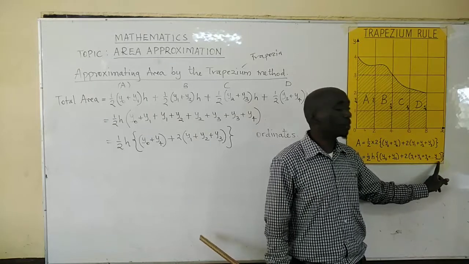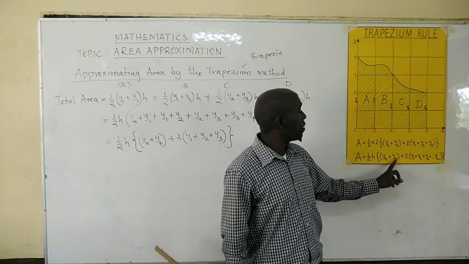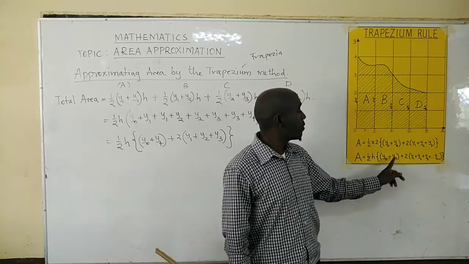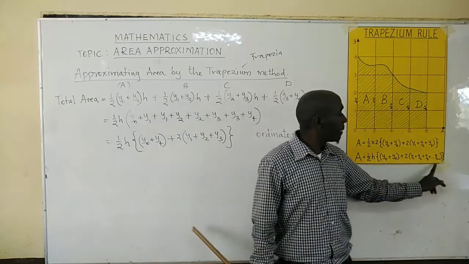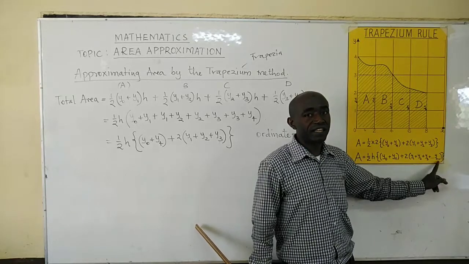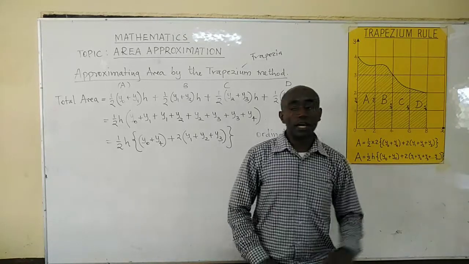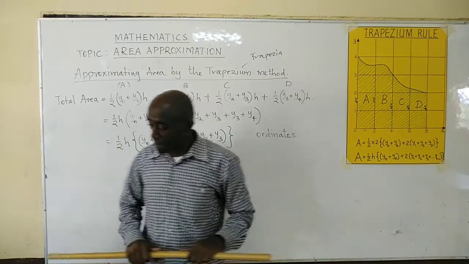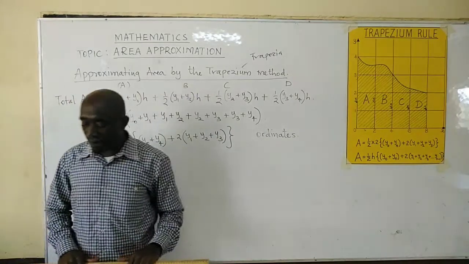I want you to take that keenly. If n is 8 for 8 ordinates or 8 trapezia, and we have y8, then it will go up to y7. So this is the general formula for finding the area of irregular shapes by using the trapezium method.